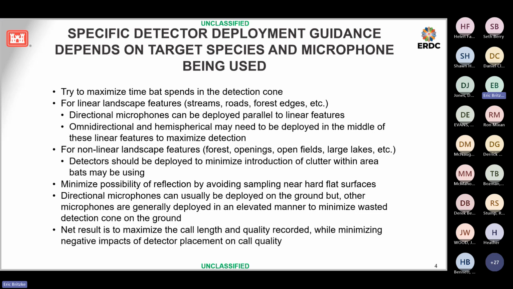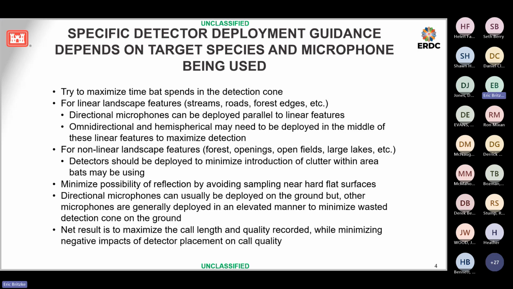With an omnidirectional or hemispherical microphone, you need to deploy it more in the middle of the linear corridor and get it out so that you can maximize the time bats spend in the detection cone. What you want to think about when you talk about detector deployment is making sure that the area the microphone is sampling is flight available space.